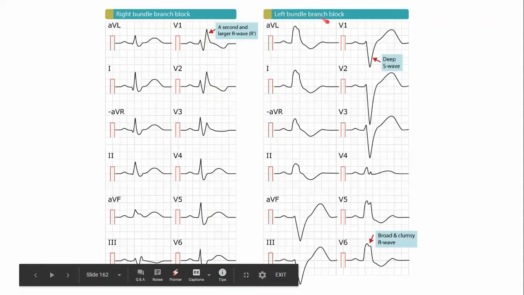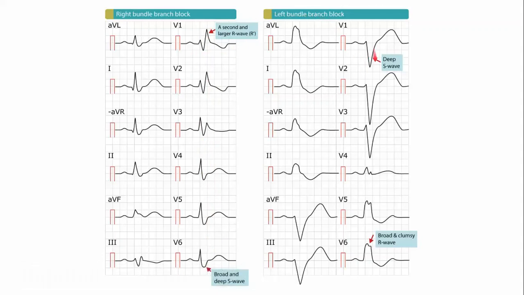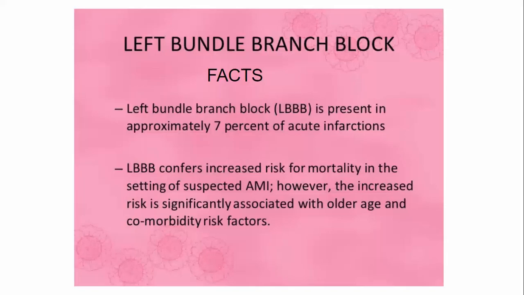With the left bundle, there's a deep S wave pointing to the opposite direction, and in V6, down there on the bottom right, we see the big wide R wave, and we see it a little bit sometimes in V5. So that's the difference between right bundle and left bundle, but we're focusing on the left bundle branch block.